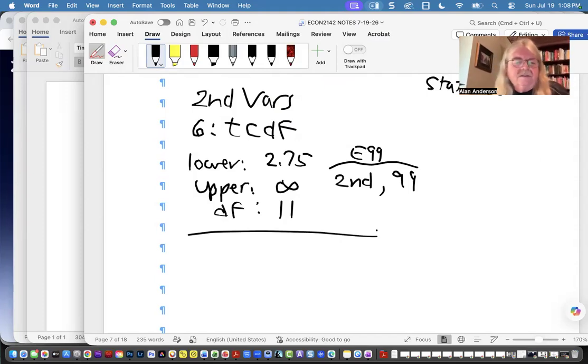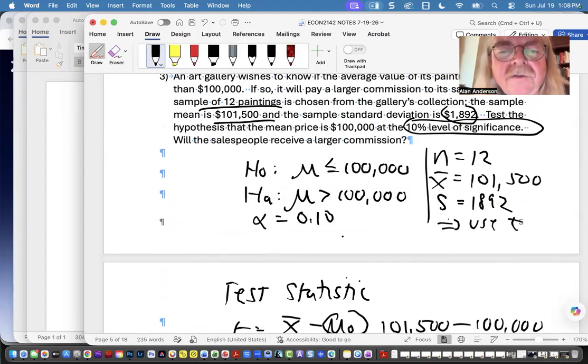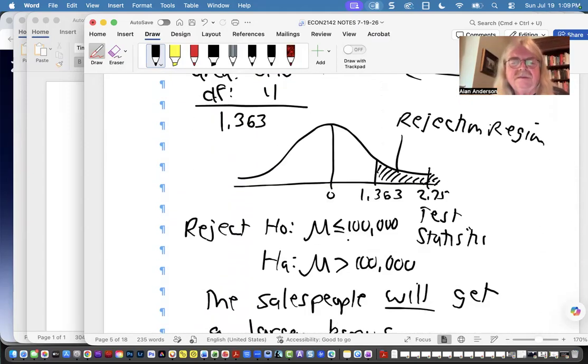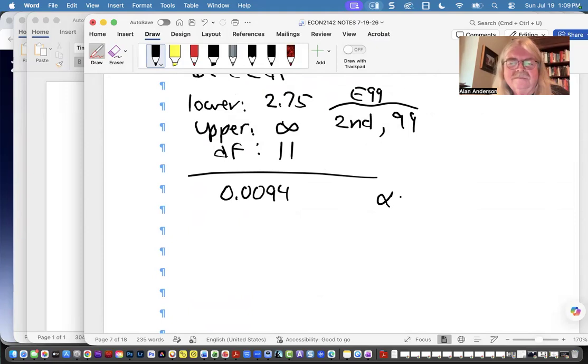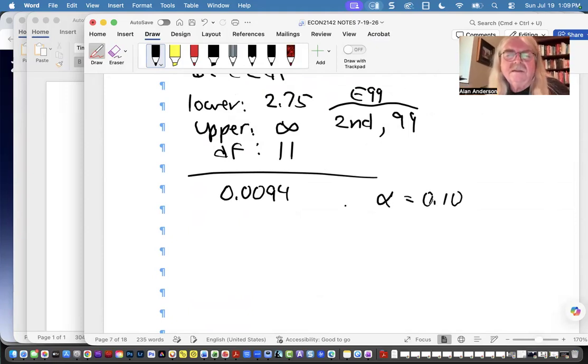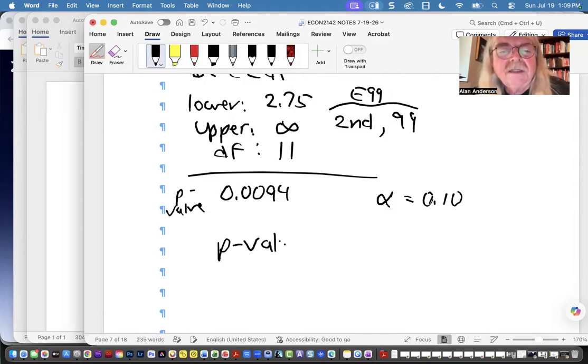All right, and let's see what this gives us. Oh, it's a tiny, tiny little number, 0.0094. Okay, now given that alpha is 0.10, it's clear that the p-value is well below alpha, which means reject the null.